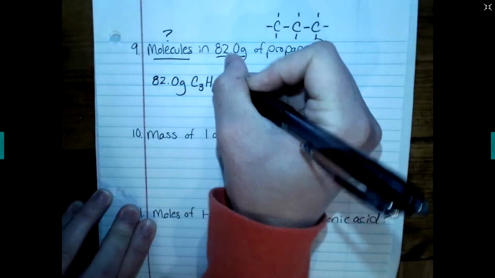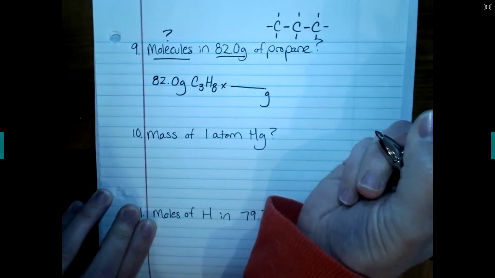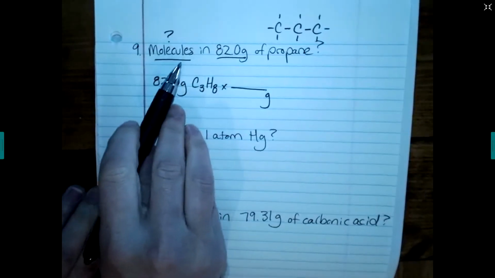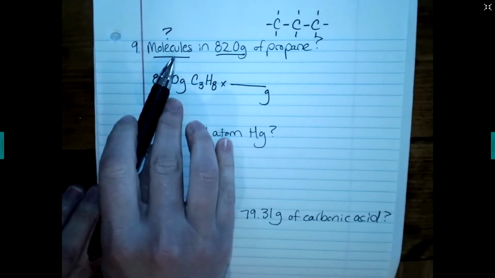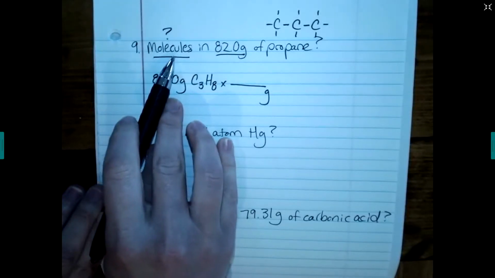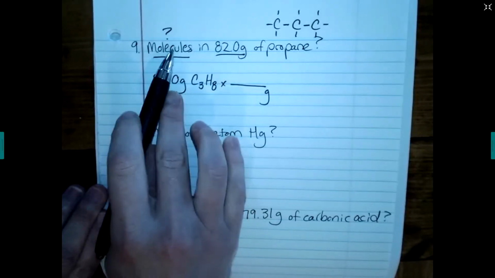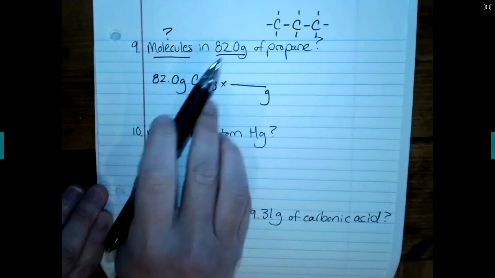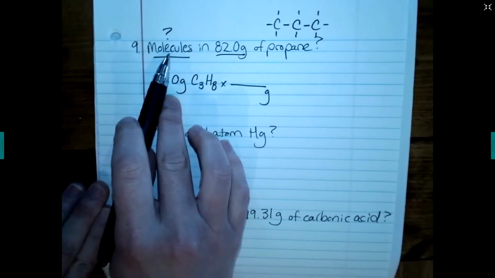All right, so now we're going to move grams to the bottom. And something we haven't encountered yet is we have not gone from grams to molecules. And you can't. You have to go to moles first, because we know how many grams are in a mole. We know how many molecules are in a mole.